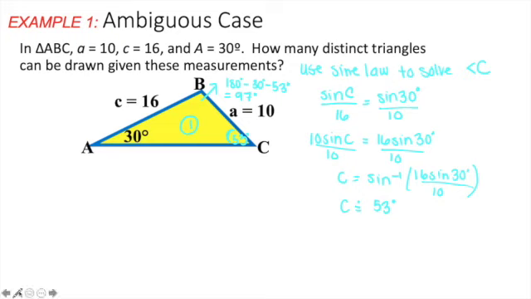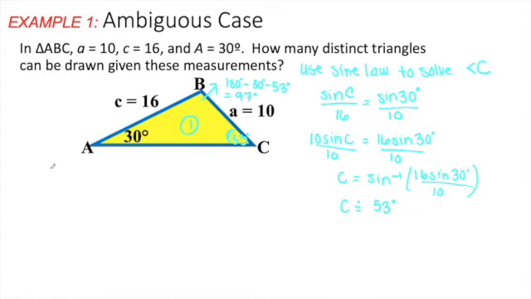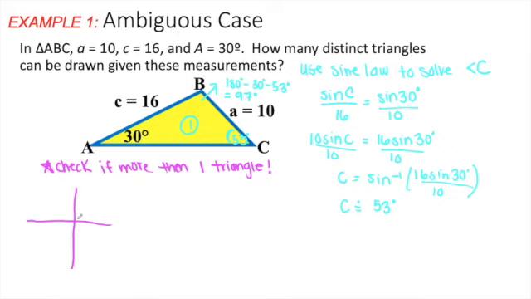But now, we'll switch colors here. You always have to check if you can draw more than one triangle, and I'll show you how to do that. Okay, so using our CAST rule and our related acute, one of our angles is 53, so that would be your related acute.